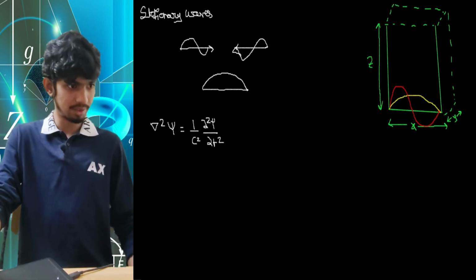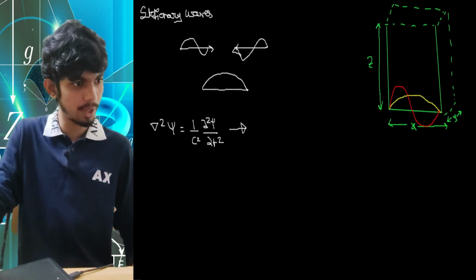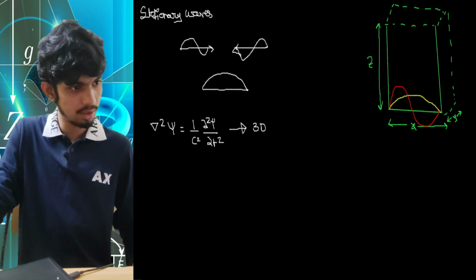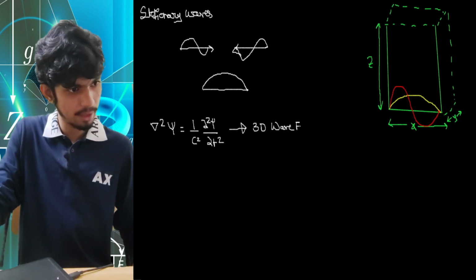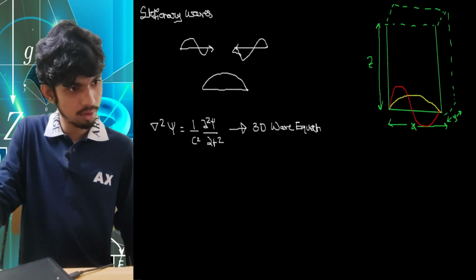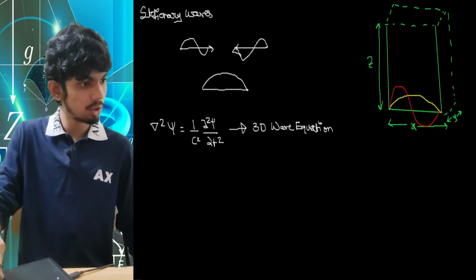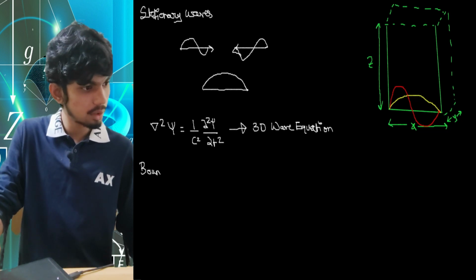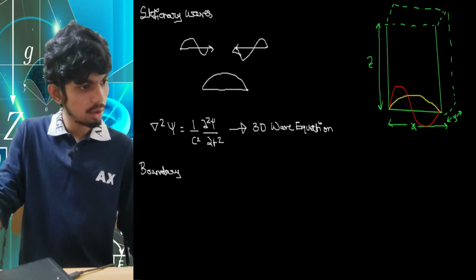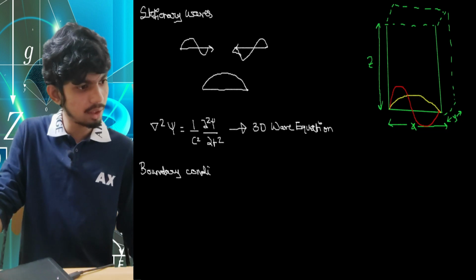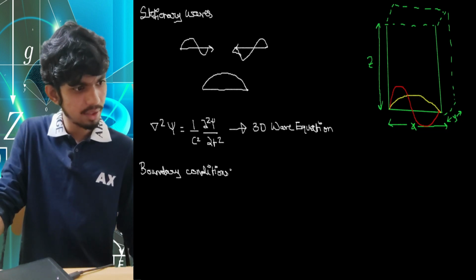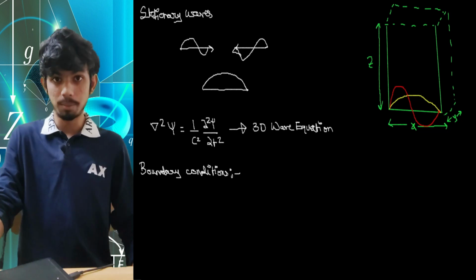Now if you solve this in 3 dimensions, this is the 3-dimensional form, the 3D wave equation, using the appropriate boundary conditions. So what are the boundary conditions? The boundary conditions are basically very simple. You see that these waves must lie within the box.